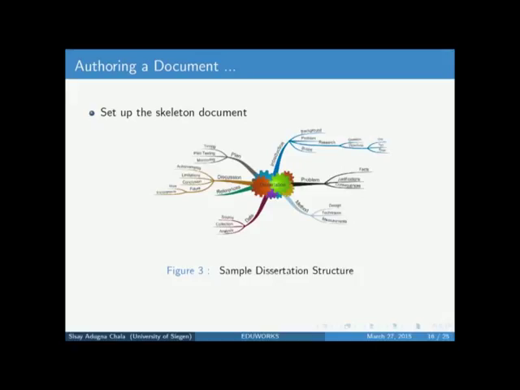This is one sample document which is created by iMindMap. Let's say our dissertation has these, one, two, three, four, you see 7 chapters.